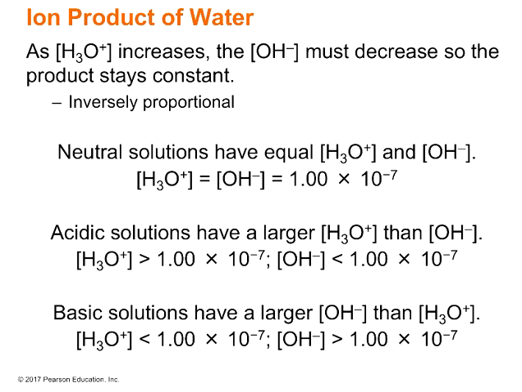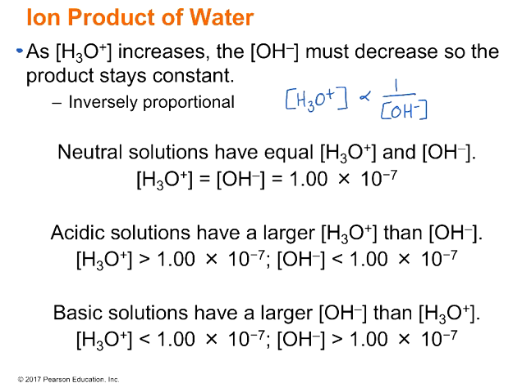So another way of saying that is as the concentration of hydronium ions increases, the concentration of hydroxide ions must decrease so that the product constant stays the same. So the concentration of the hydronium ions is inversely proportional to the concentration of the hydroxide ions.